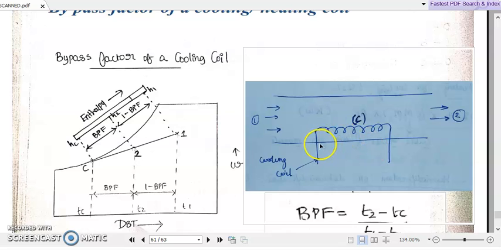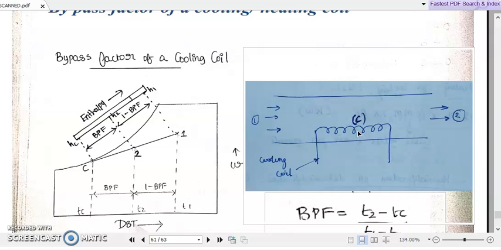This heating process is carried out by placing a heating coil, while sensible cooling can be carried out by using a cooling coil. We will be passing a very low temperature working fluid throughout this cooling coil, as a result of which a very low surface temperature C will be maintained in this cooling coil, and it will produce the necessary cooling effect.